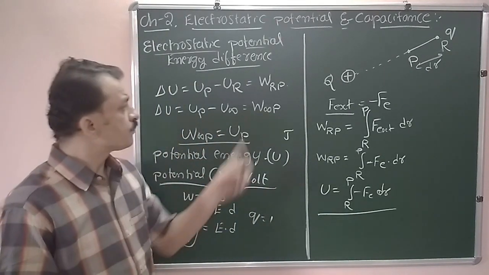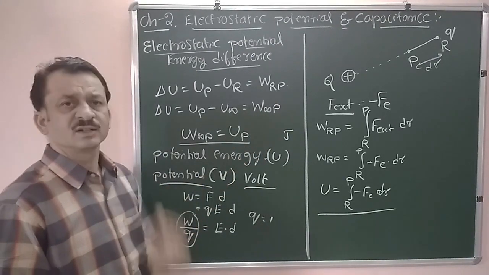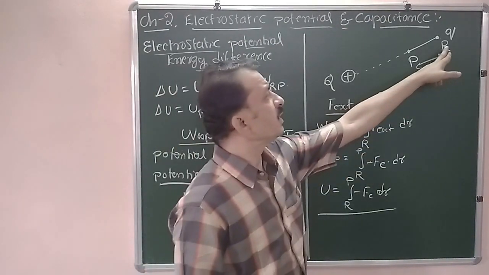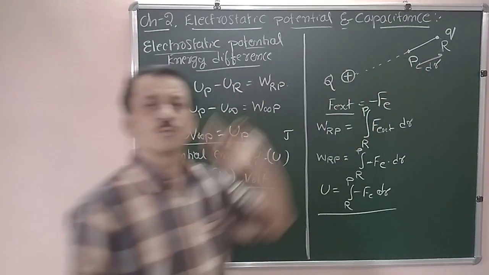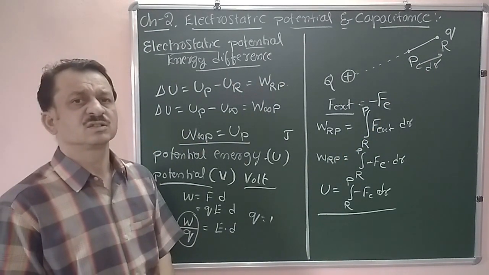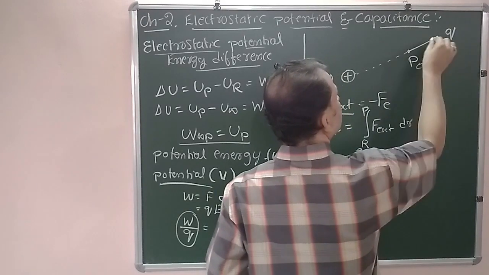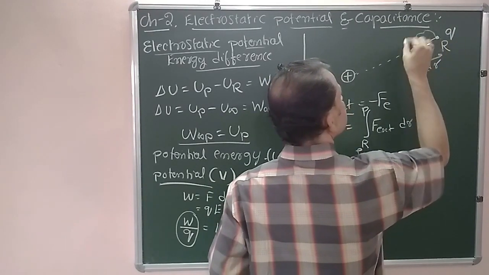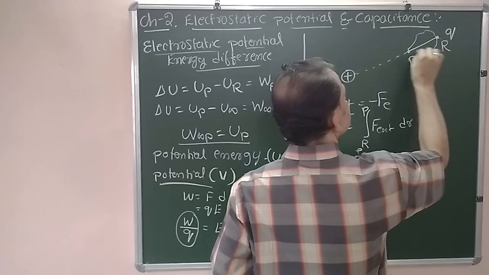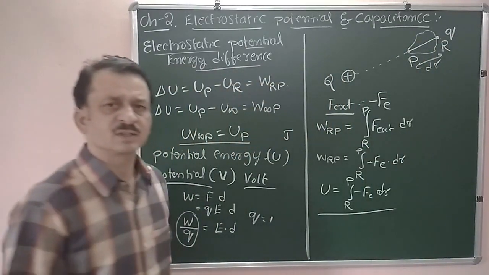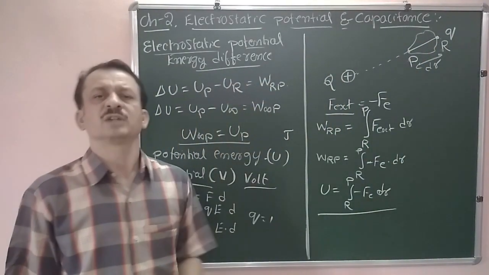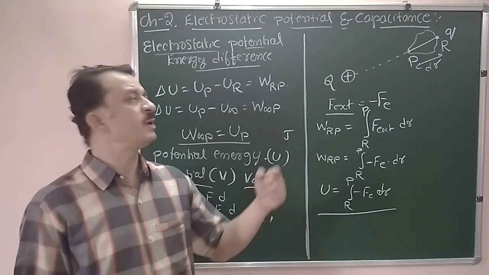And one more thing, this work done does not depend on the path of motion of the charge. So the work done in moving from R to P, whether I bring the charge in this path or in this path, whatever the path may be, is independent of path.